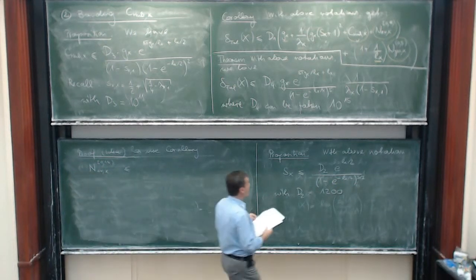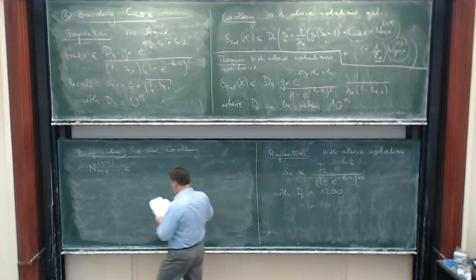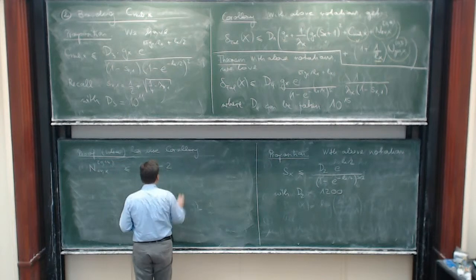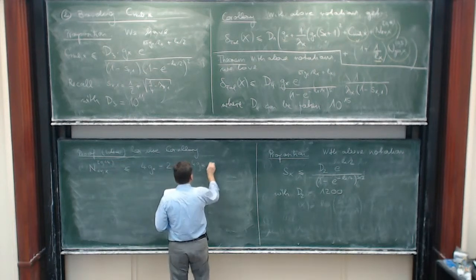This is by Peter Buser, so he has this bound that this is less or equal than 4 times genus minus 2. Well, it's 4 times genus, right? So that's Peter Buser.